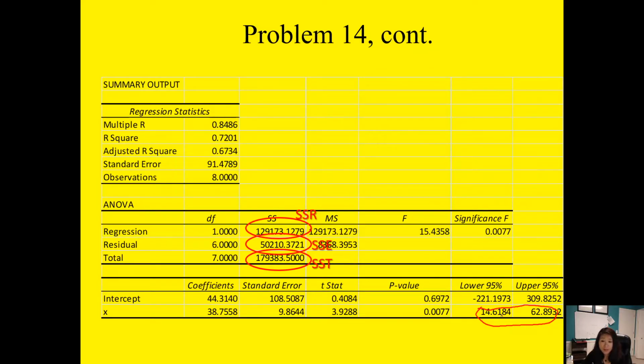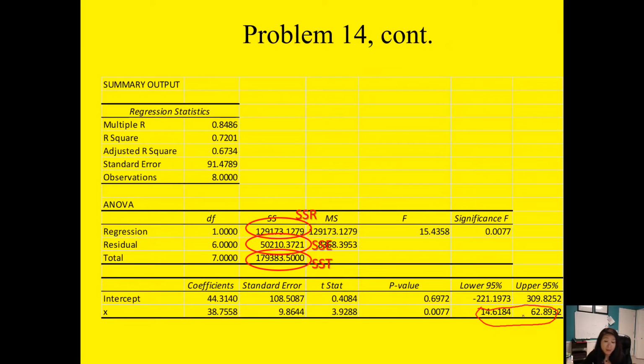Now look at this case. With 95% confidence, we believe the slope is between 14.6184 and 62.8932. Will we believe x significantly affects y? First, think about whether 0 is included. Obviously 0 is not inside this interval, so beta 1 will not equal 0.